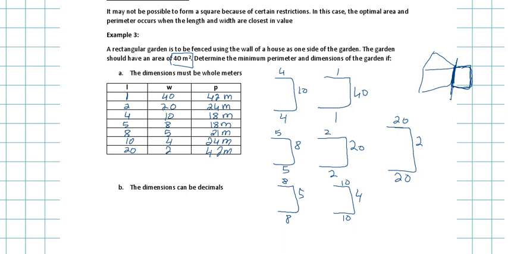But in the case of whole numbers, if I use 5 by 8 by 5, or if I use 4 by 10 by 4, they both are going to give me the same perimeter. So I can go with either dimension. Do you guys get that?